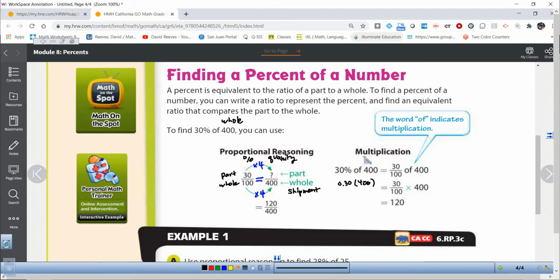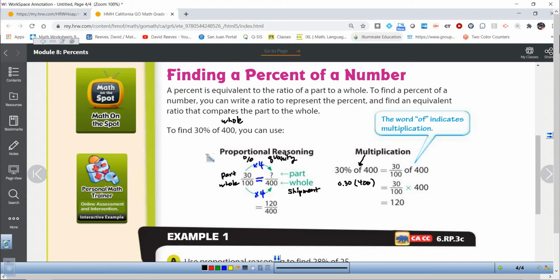Because when you see that word "of," and we talked about this in a previous video as well, "of" indicates multiplication. When you are given the percentage and the whole, you can simply multiply the percent by the whole. And there's an algebraic reason for that.